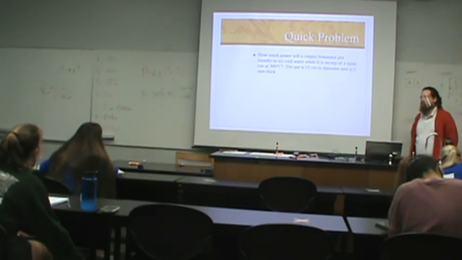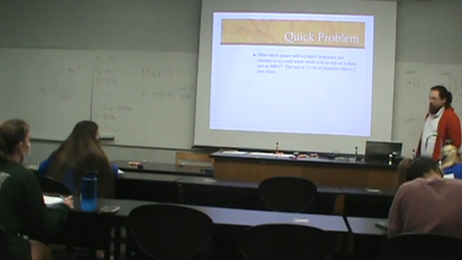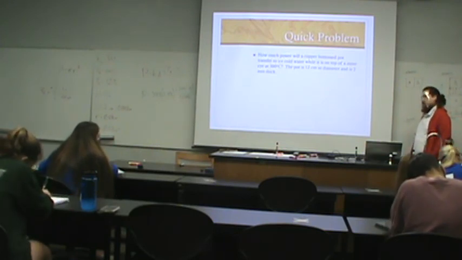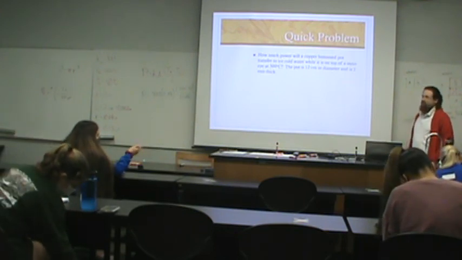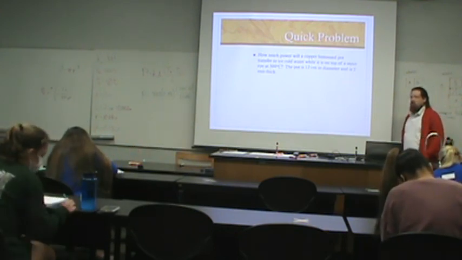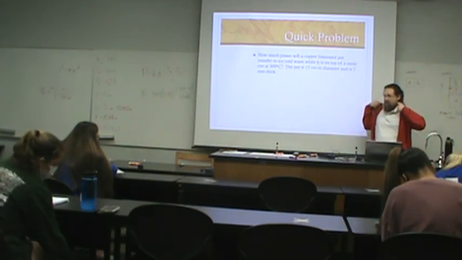Do you want this in watts, or do you just want to put joules per second? Both are correct. Both are the same. It's just what they asked. 1 watt is 1 joule per second, so six of one, half a dozen of the other.